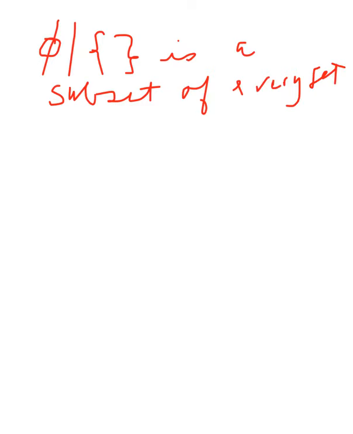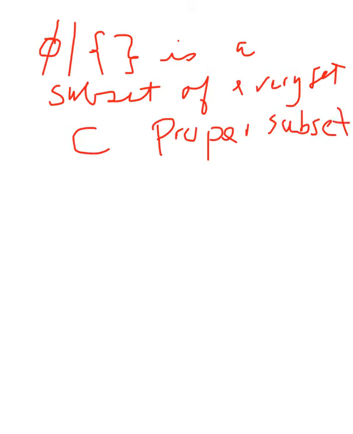All right, guys. So this last symbol right here is referred to as a proper subset. So first and foremost, you need to have a subset. In order to have a proper subset, you need to have a subset. Now, what differentiates a proper subset from a subset?